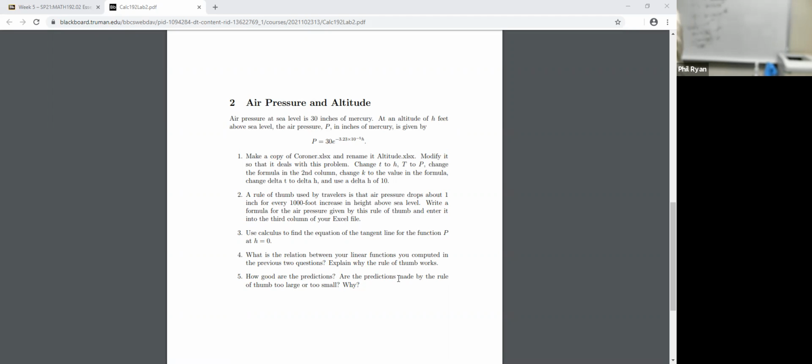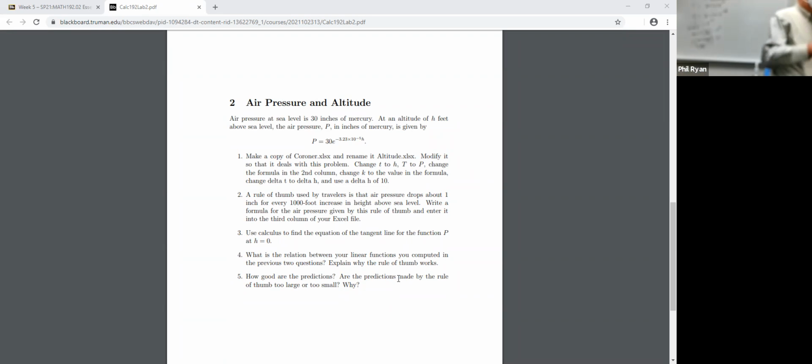So at sea level, the air pressure is something like 30 inches of mercury, and as we go up, it decays kind of exponentially as we go up. Okay, and so in question 2, it's basically doing the same thing that we did with the coroner, except doing it with altitude.